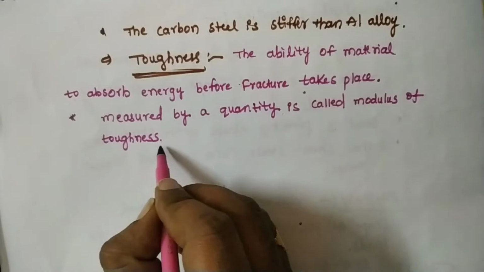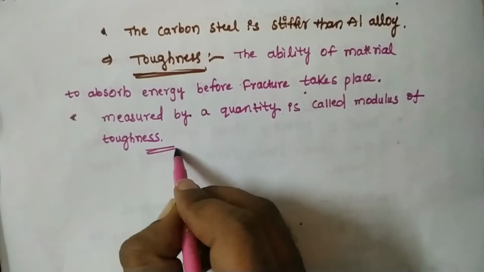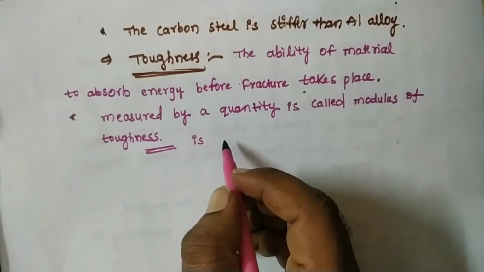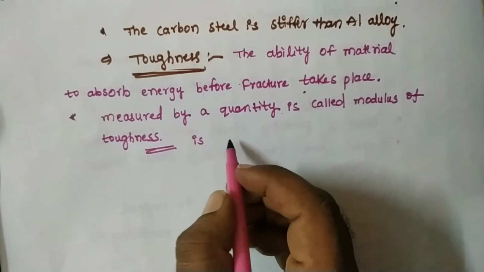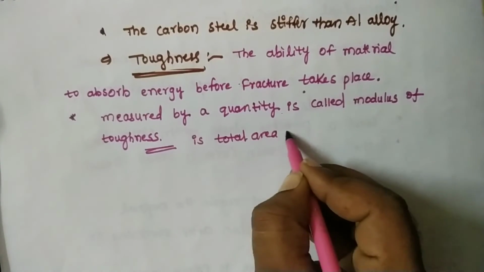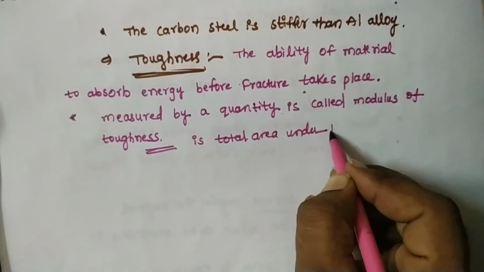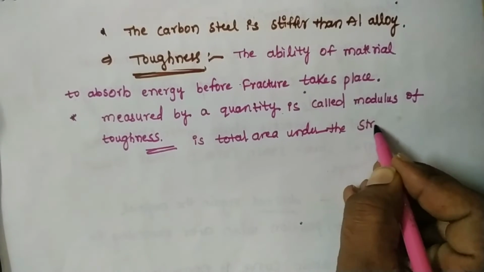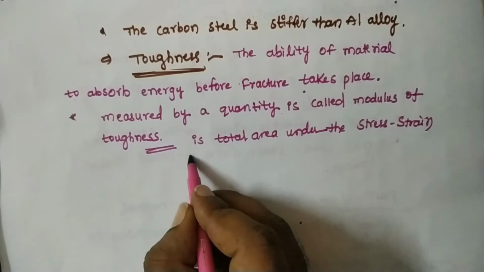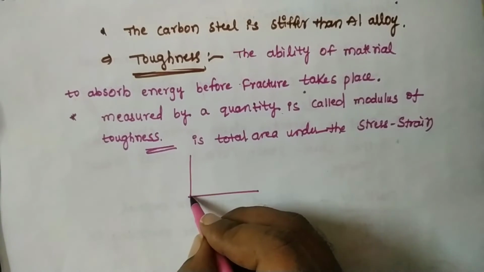The modulus of toughness is the total area under the stress strain curve. Already you know the stress and strain curve.